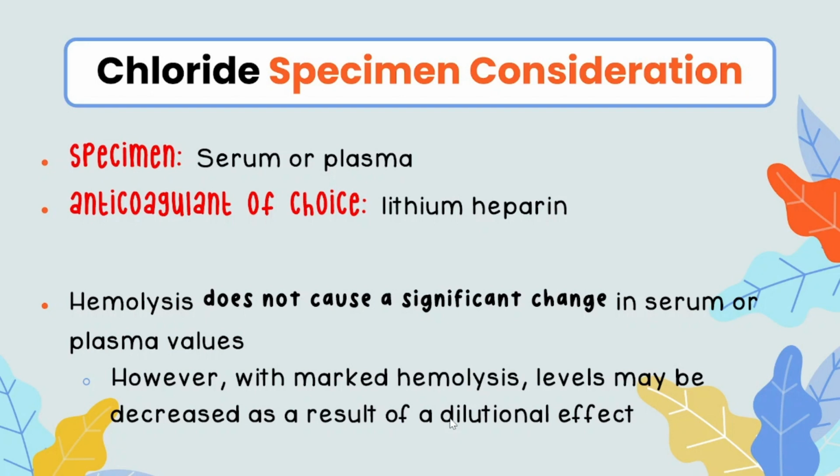Urine can also be used, just make sure it is a 24-hour urine collection to better account for possible variations or fluctuations in the analyte we are trying to measure. Lastly, sweat can also be used as a specimen for chloride testing, especially if we are looking into the disease called cystic fibrosis.